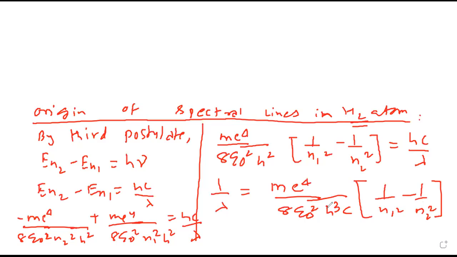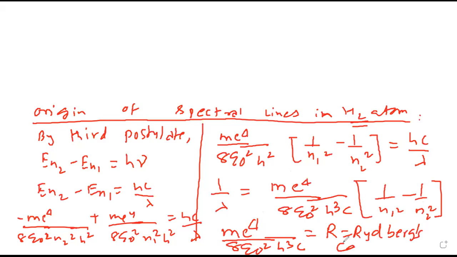Now this constant, m e raised to 4 upon 8 epsilon naught square h cube c, denoted by R, is called Rydberg's constant.